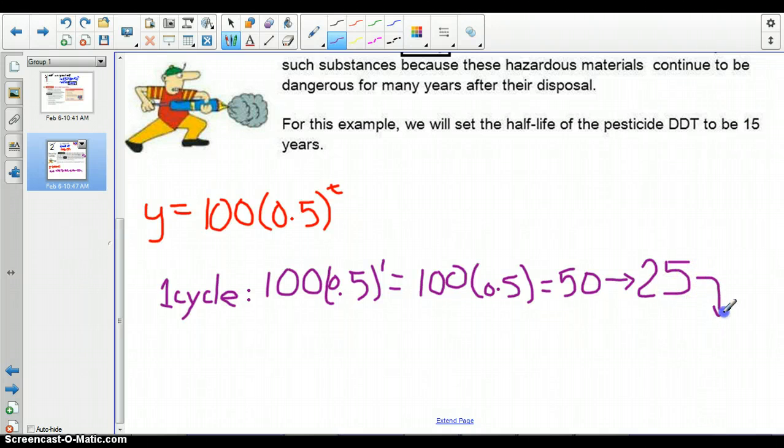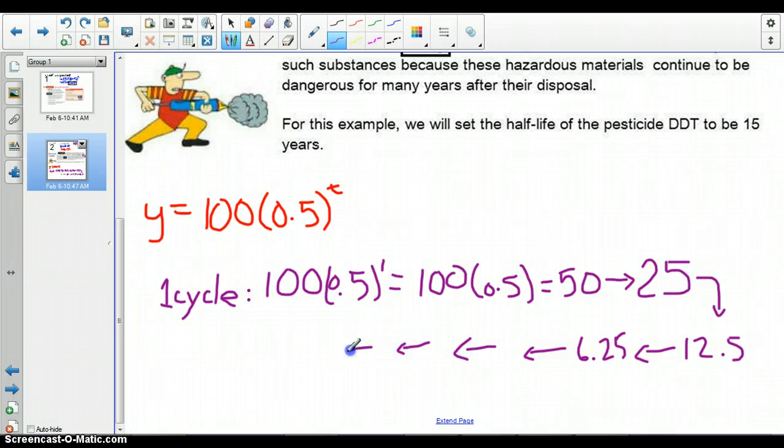Let's keep going. What's half of 25? A third cycle would pass, and we'd have 12.5. And then another cycle would happen, and we have 6.25. And then another cycle, and it keeps going and going.